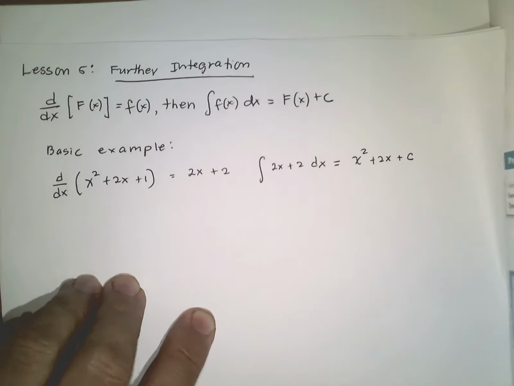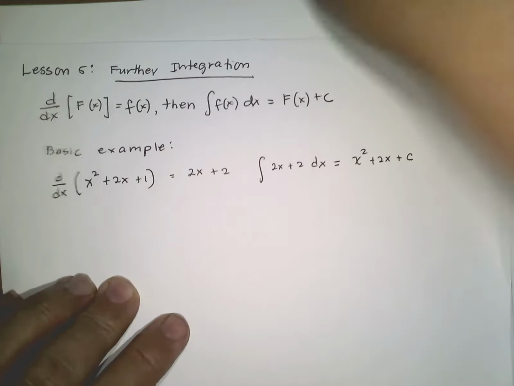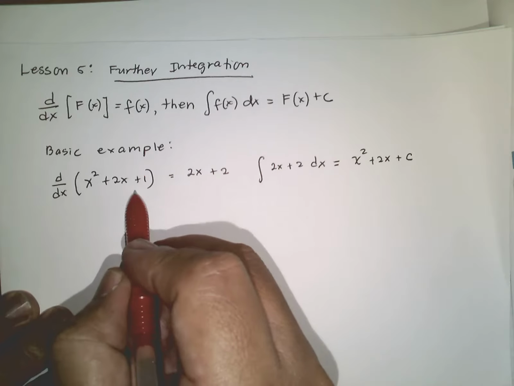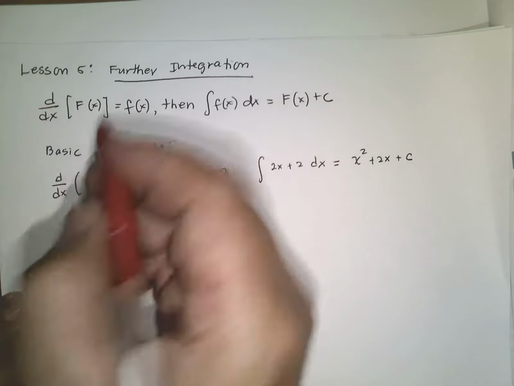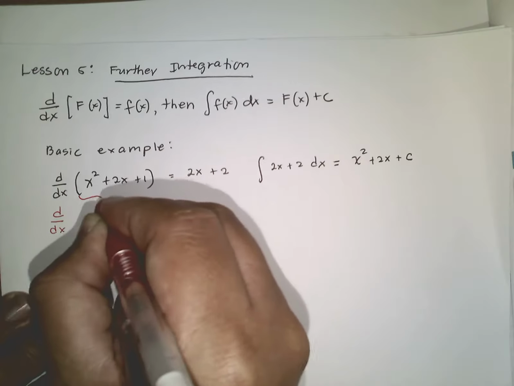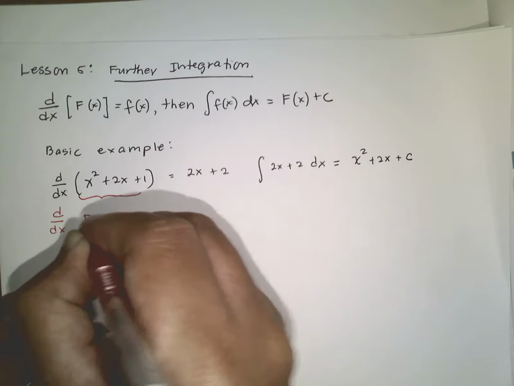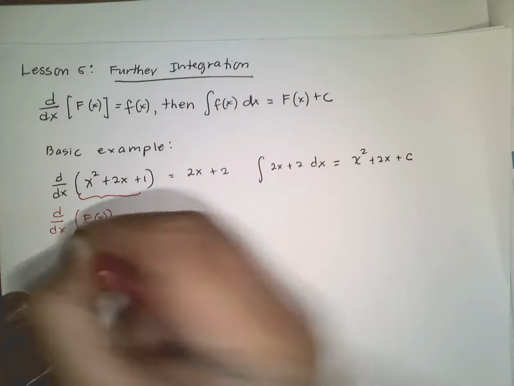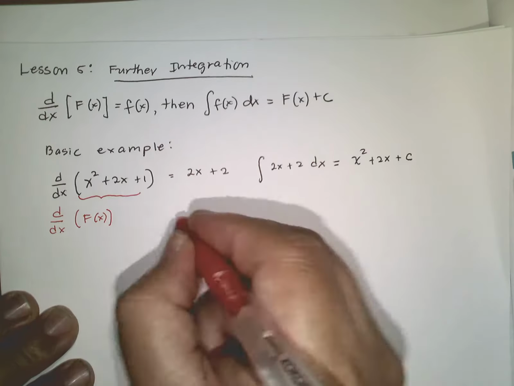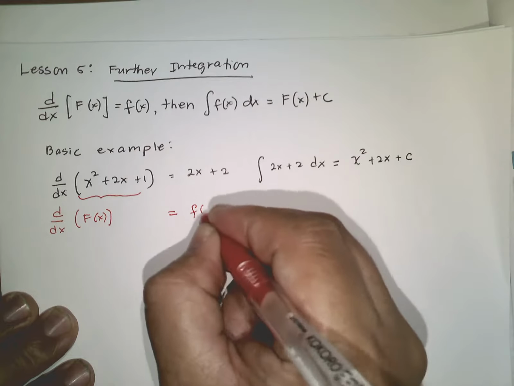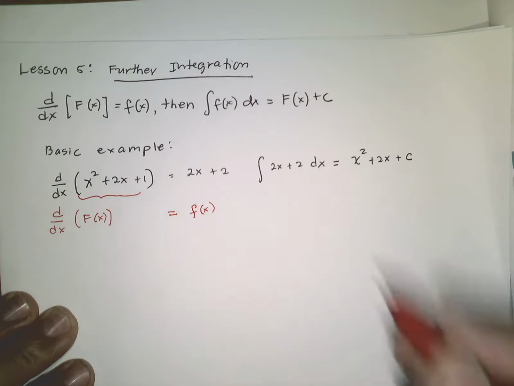The implication is, if, for example, this is our original question, and let me denote this as a function of x, F of x. I'll take the derivative of that, and the answer, let me denote as my function of x, the small f.